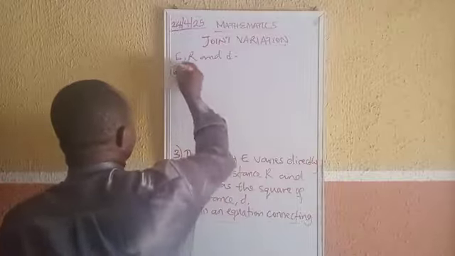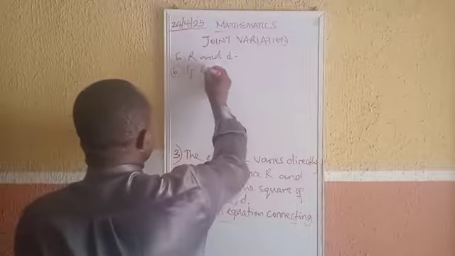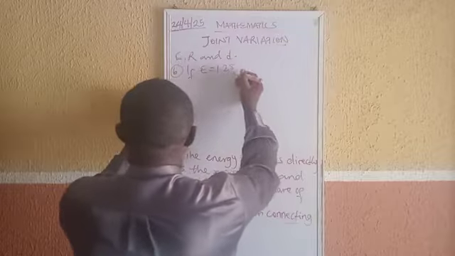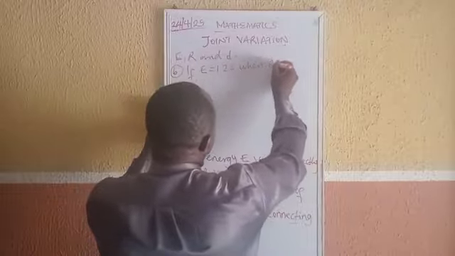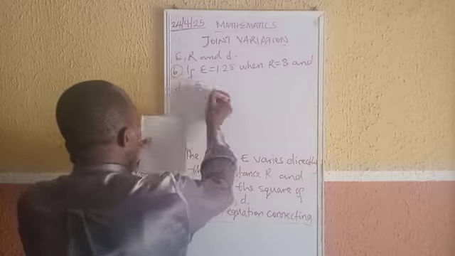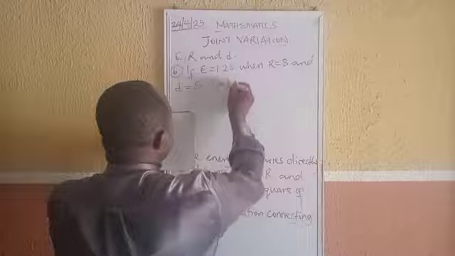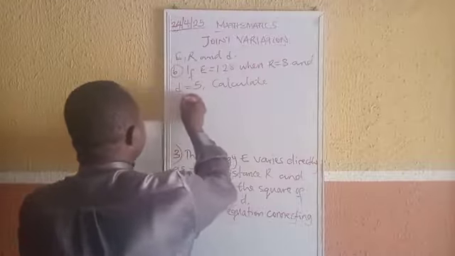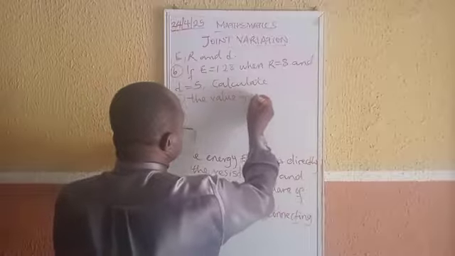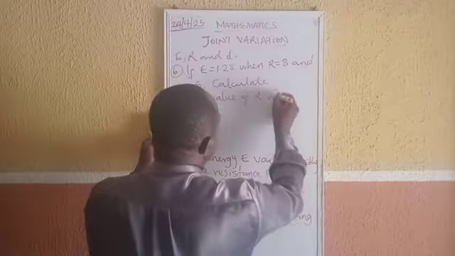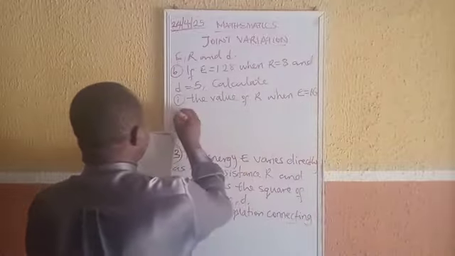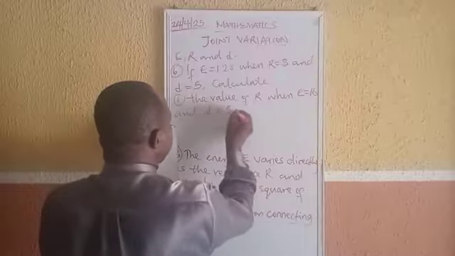Then B, if E equals 1.28 when R equals 8 and D equals 5, calculate, Roman figure 1, the value of R when E equals 16 and D equals 3.